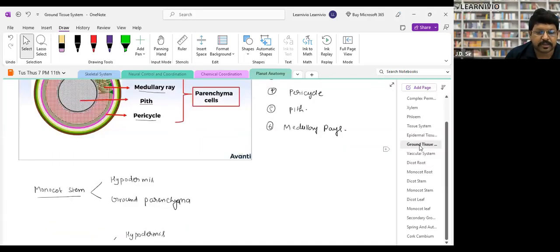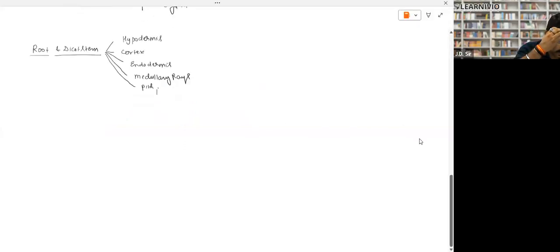Fine. So let's start writing down one by one. What are these structures? The first subheading will be hypodermis.